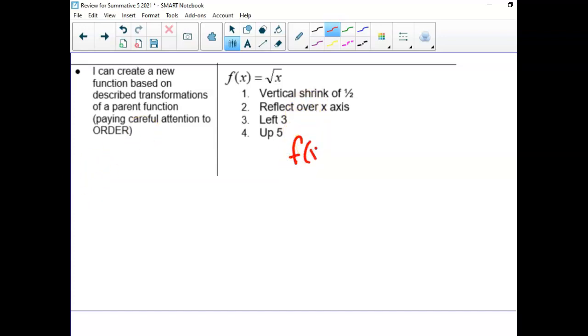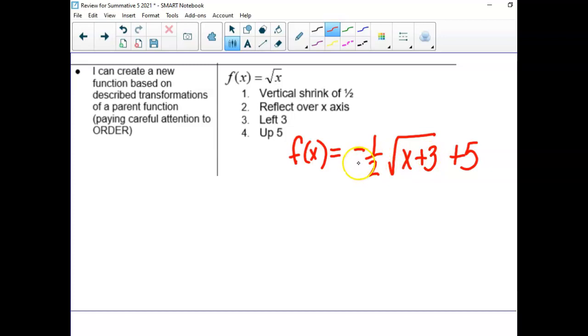Yes, Jada? Okay, so if I saw this, I would go left 3, shrink vertically by 1/2 and reflect over the x-axis.